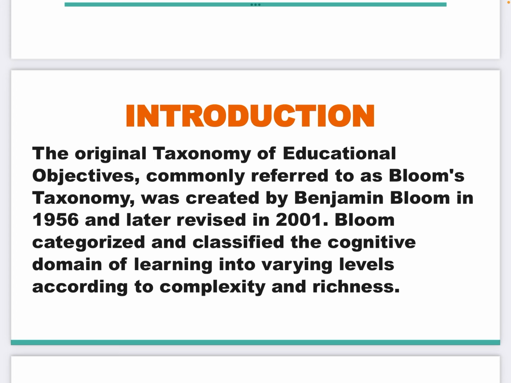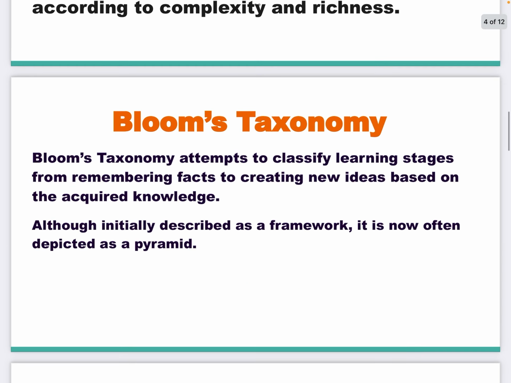Now, what could be those levels? Let us see those levels. Bloom's taxonomy attempts to classify learning stages, right from remembering facts to creating new ideas based on the acquired knowledge. Now, what does this mean? Whenever a scientist discovers or invents something very new, he goes through the existing knowledge.